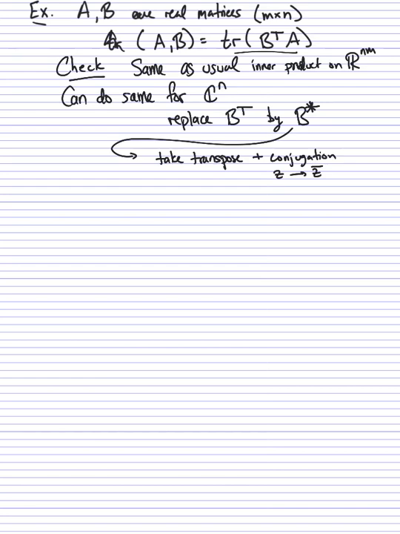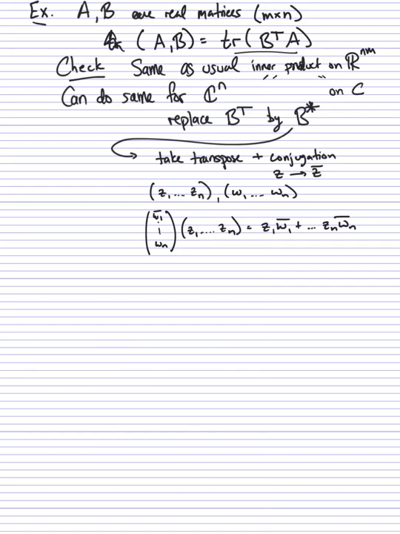That's quite natural because when we had two vectors thought of as 1 by n matrices, what we would do is take w1 conjugate up through wn, times z1 up through zn, and this produces the inner product that we saw above. So you can do the same thing with higher dimensional matrices, and again you'll get the usual inner product on C to the nm.